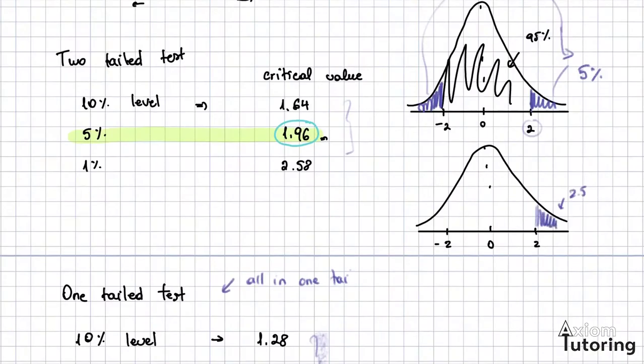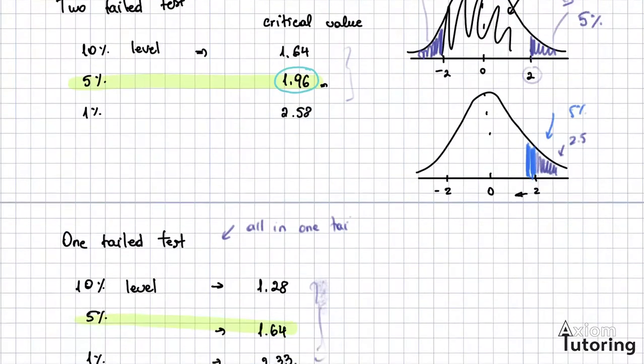So if I'm looking at 5% all in one tail, well, I need to add more to this area. So I need to add a little bit more. And now this is my 5%. Clearly, I am to the left of that number 2. So for the 5% in here, I should be expecting a number that is less than 1.96 or 2.